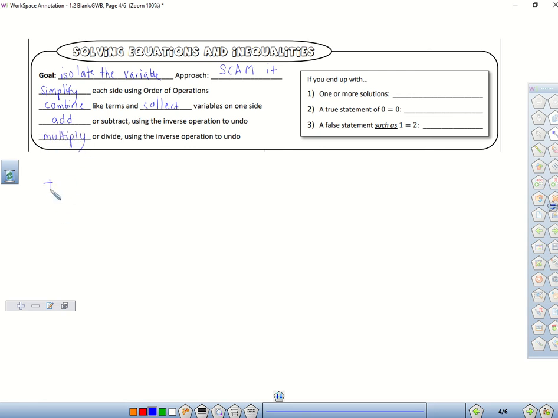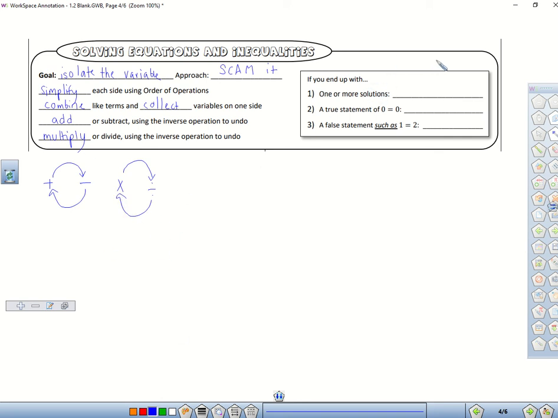So, of course, addition reverses subtraction, and subtraction reverses addition. Multiplication reverses division, and division reverses multiplication. So just keep that in mind.